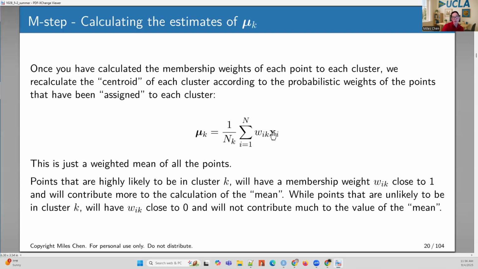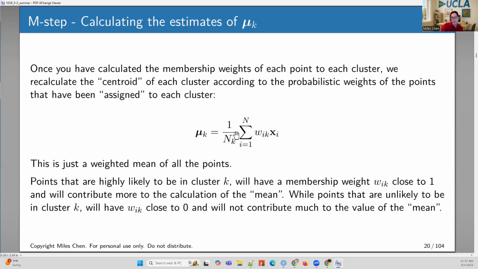Some of the points might have weights that are close to 1, indicating strong membership to that cluster, and those values will basically get counted fully in there. And other points will have weights that are close to 0, and so those points barely contribute anything towards the sum. And then we're going to divide by the sum of the weights, which is 1 over n sub k.